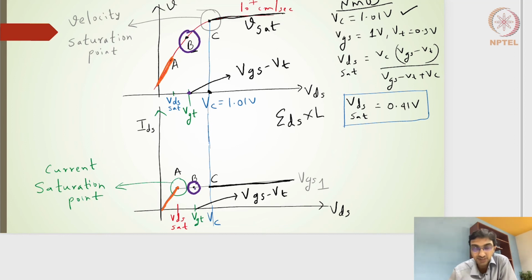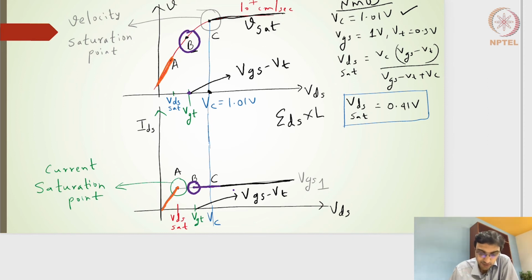And thereby after that, you are never going to get a further increase in the current. So the current actually reaches saturation. That's why from point B we can draw a straight line connecting to C. From point B onwards, it will be a saturation current because it is the pinch off region, or the saturation region.